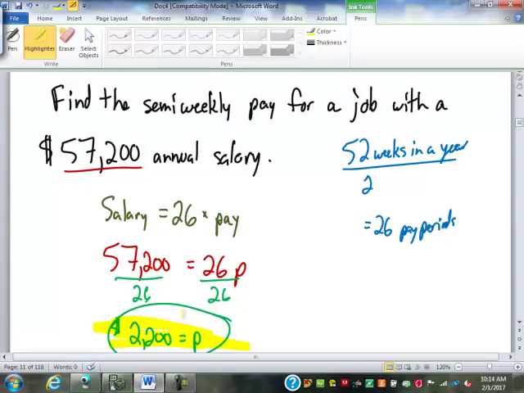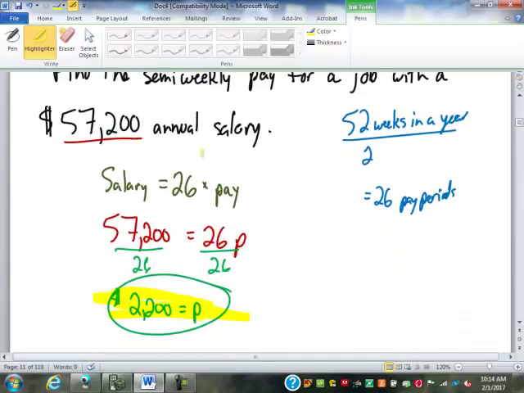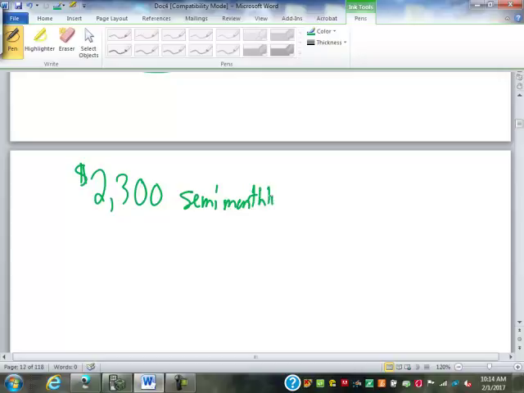Now I do this problem for a reason, because there's something else I want to point out to you. If you have 2 job offers out there, one of them is offering you $2,300 semi-monthly. The other one's offering you $2,200 bi-weekly.